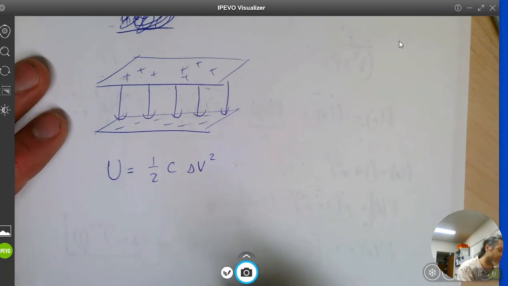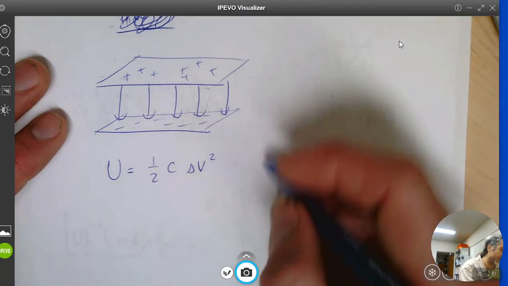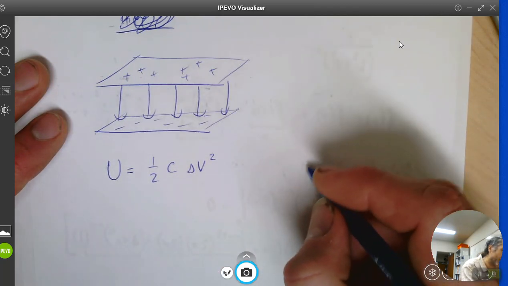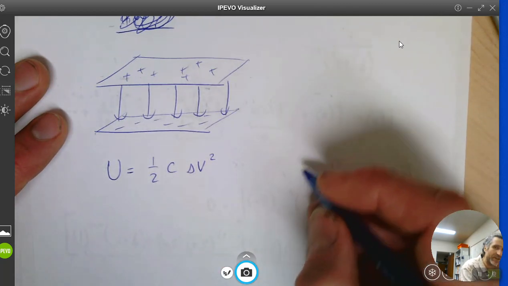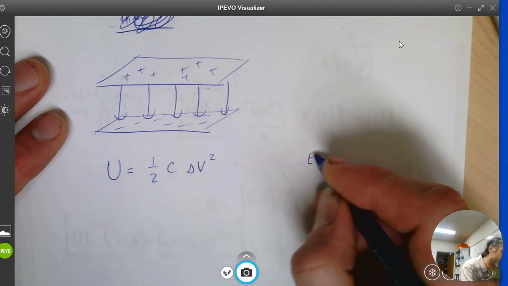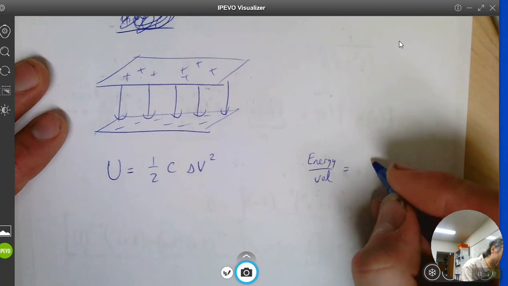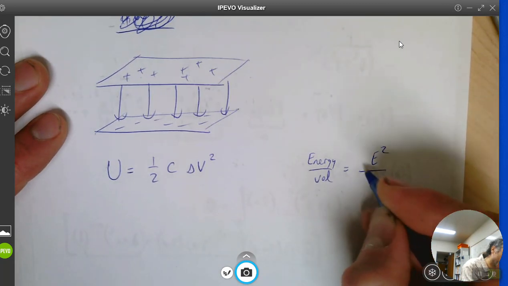That's another way of looking at it. And then we had this idea that the energy per volume was equal to epsilon naught E squared over 2, okay?